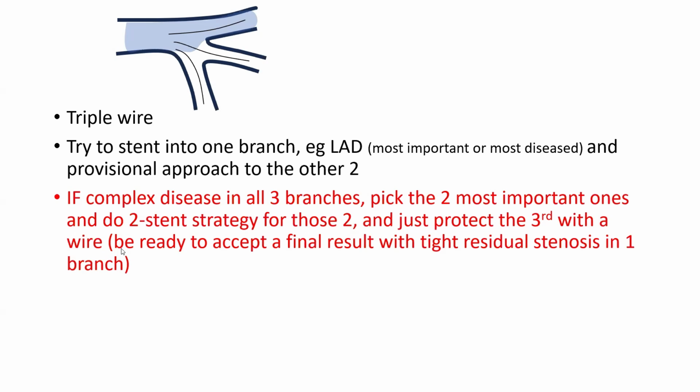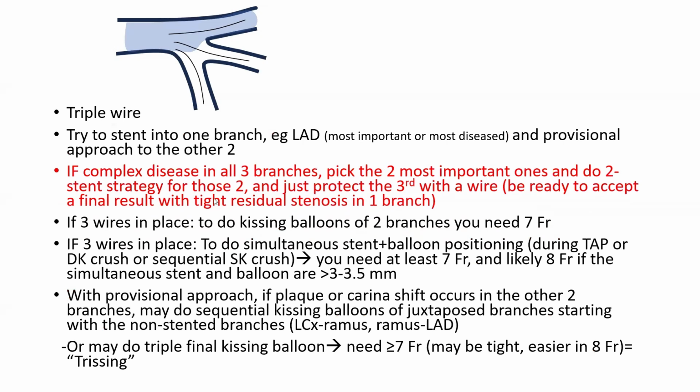And be ready to sacrifice that third branch. In a sense, be ready to accept a final result with tight residual stenosis in that third branch. The third wire will prevent it from shutting down fully, but you'll have to accept the suboptimal result. And that's the approach I prefer. Just focus on the two branches, do a two-stent strategy, and protect the third one with a wire.